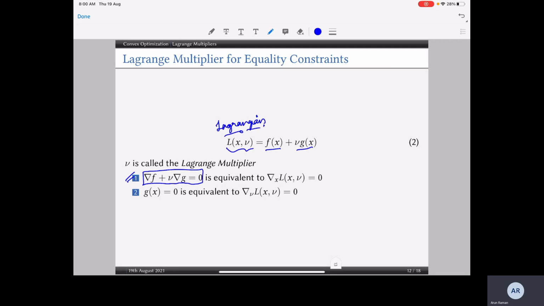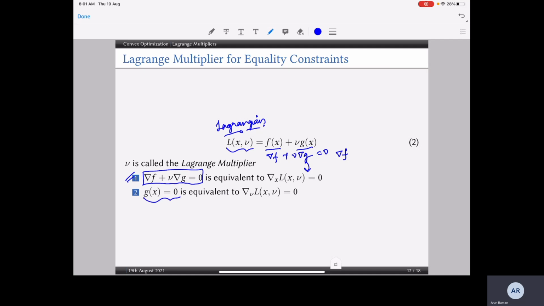Now, if we take the derivative with respect to x, then this is what we will get. The gradient of f plus nu times the gradient of g should be equal to 0. So this we get here. And the second point is that we have to satisfy the constraint.